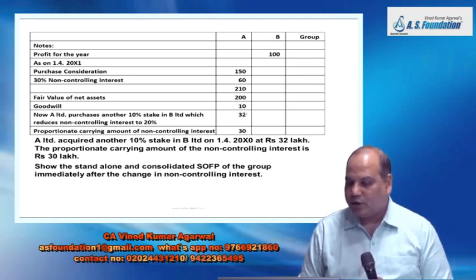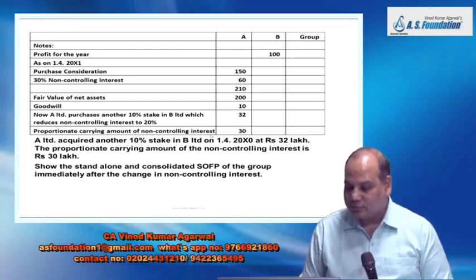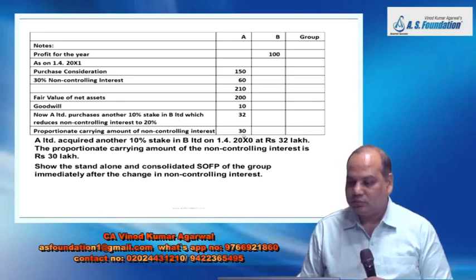So they have given the detail of how this goodwill was calculated. Now A Limited purchases another 10% stake in B, which reduces NCI to 20%. What is the cost you paid for this? 32. What is the proportionate carrying amount of NCI for this 10% stake? 30.